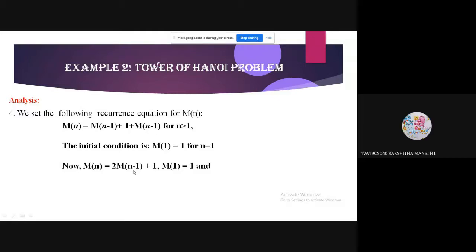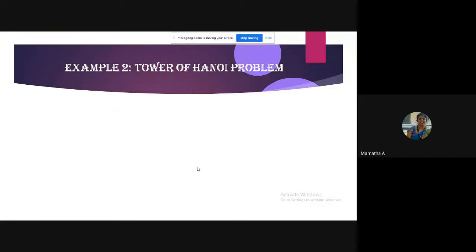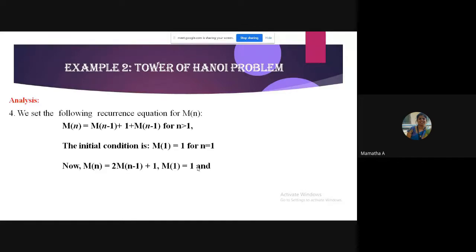If you observe, step 1 and step 3 have the same number of moves, that's why it is m of n minus 1, the same terms. So m of n equals 2 m of n minus 1 plus 1, m of 1 equals 1. Is that clear, students? Setting up of the recurrence relation? Yes or no? Answer.